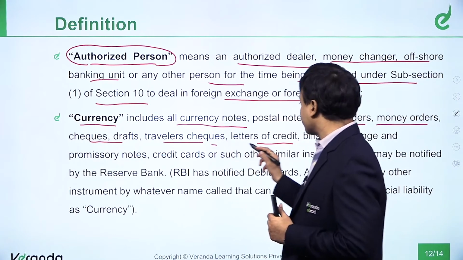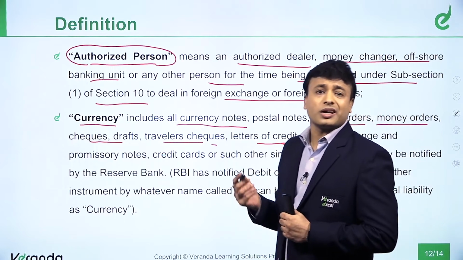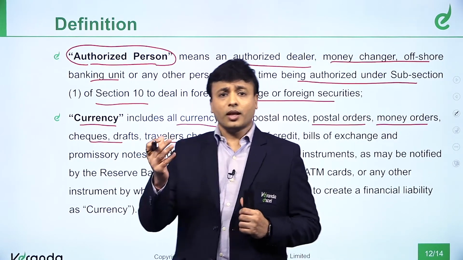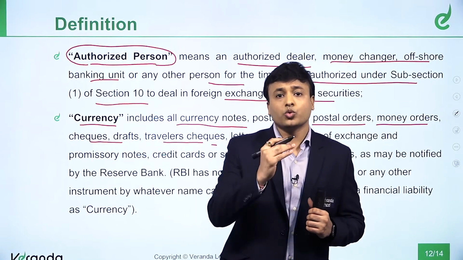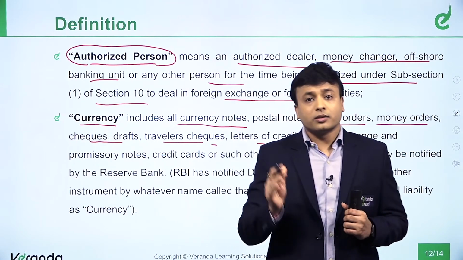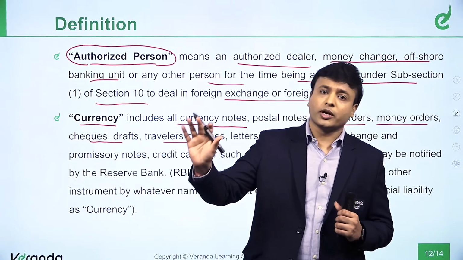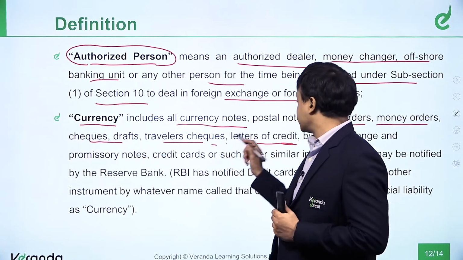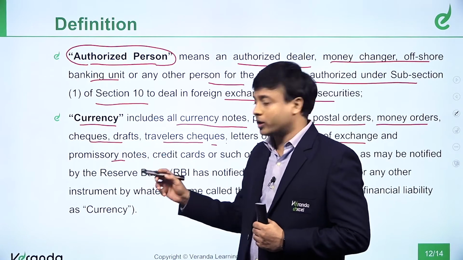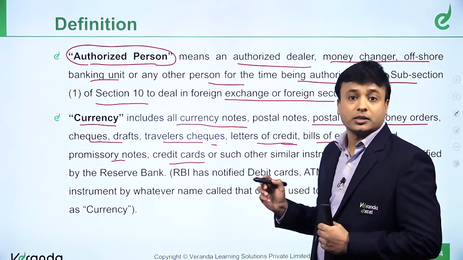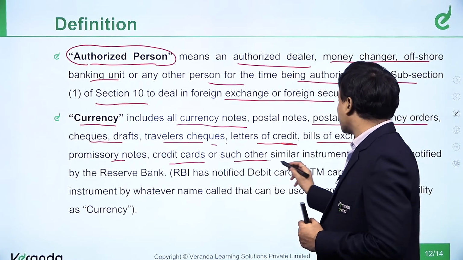So traveler's checks. Letter of credit. What is a letter of credit? A letter of credit is again a financial instrument under which you guarantee another person that this person will be paying the amount on the due date. Again, this is LC. Then bills of exchange and promissory notes. Again, your inter-concepts. Credit cards or such other instruments.